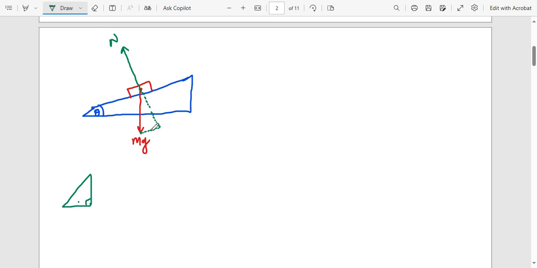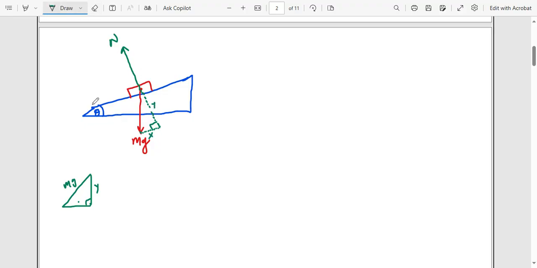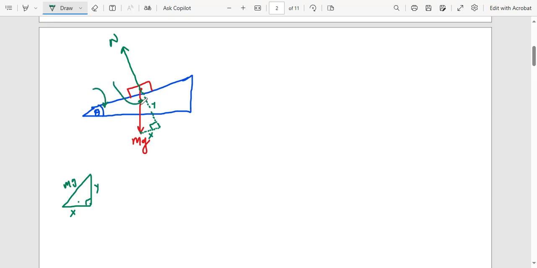The 90 degrees I've made is this one here. The hypotenuse is the weight, mg. This side we can call y, and this side we can call x. The angle of the incline, this angle here, is equal to this angle here. So this angle on top is going to be theta.